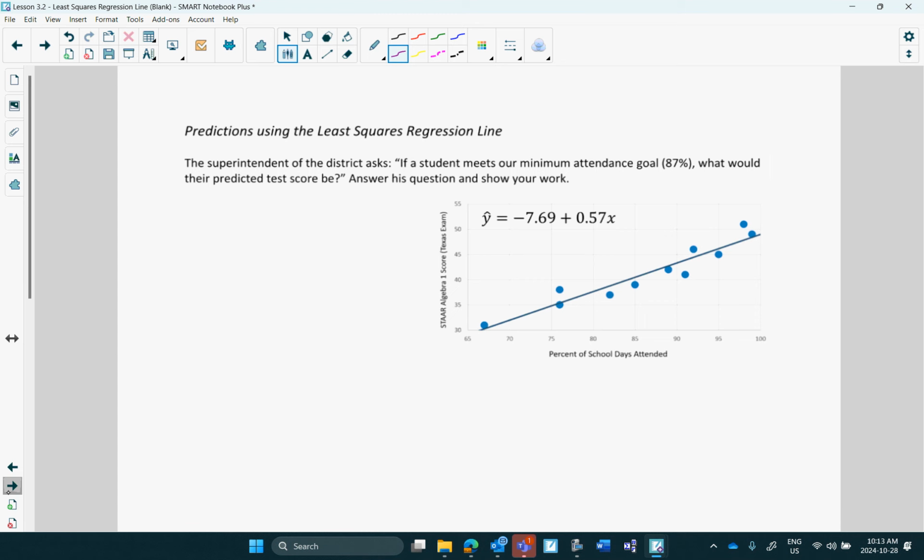So all you have to do here is find the predicted test score when given the equation negative 7.69 plus 0.57x, where x is 87. So it's just a straight calculation. And when you calculate that, you're going to get about 41.9 points.